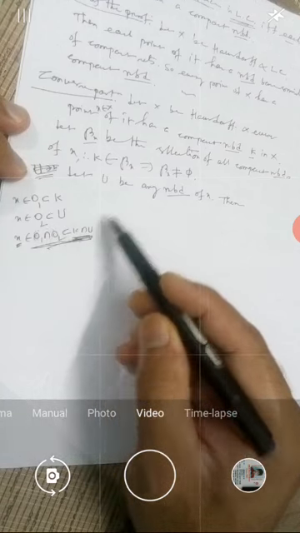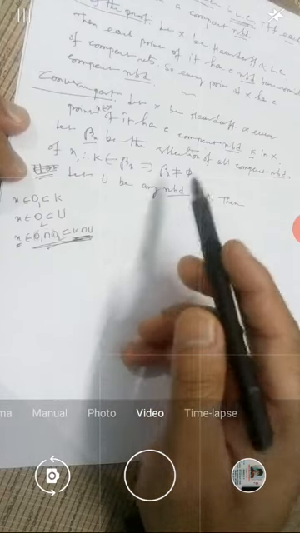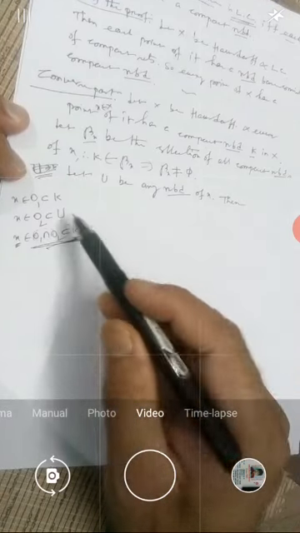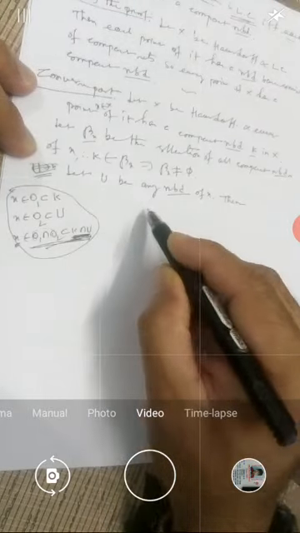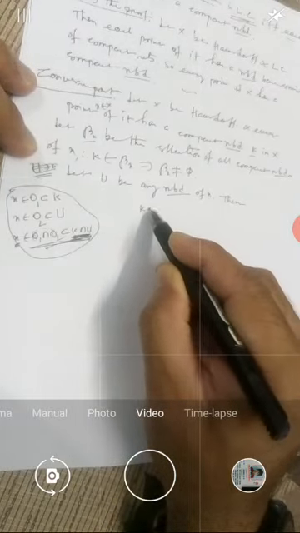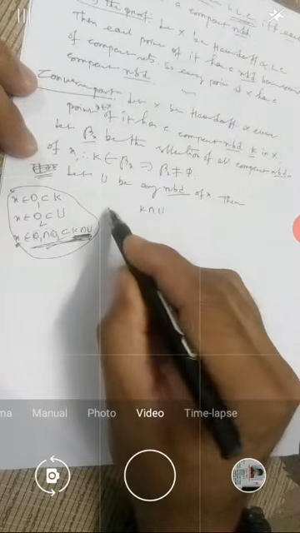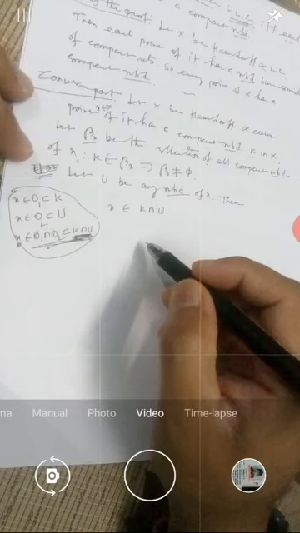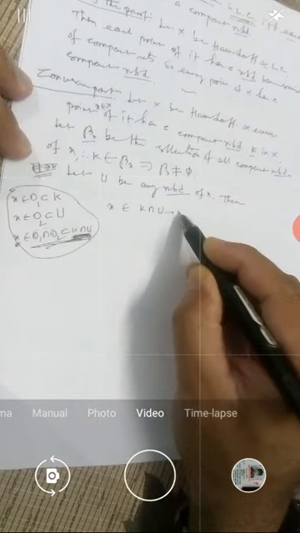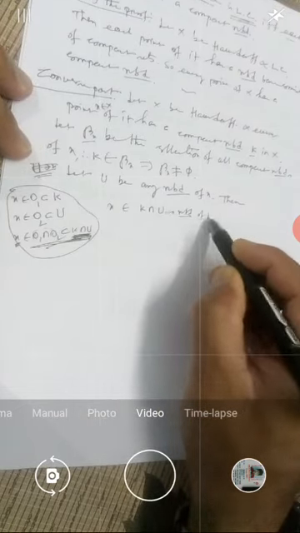So the intersection of infinitely many neighborhoods may not be a neighborhood of x, but a finite intersection of neighborhoods of x is also a neighborhood of x. Fine. So this K intersection U is a neighborhood of x.